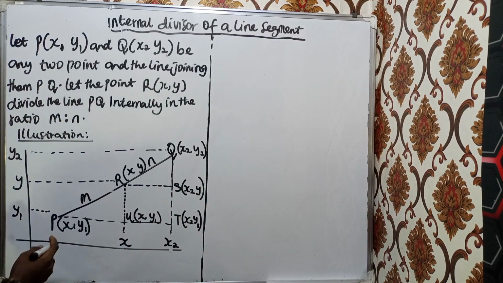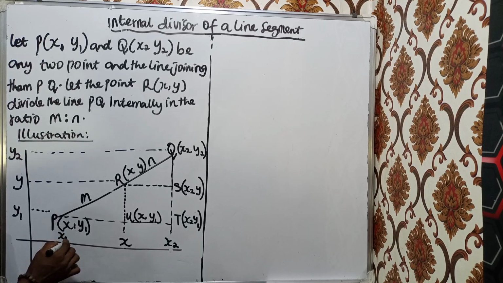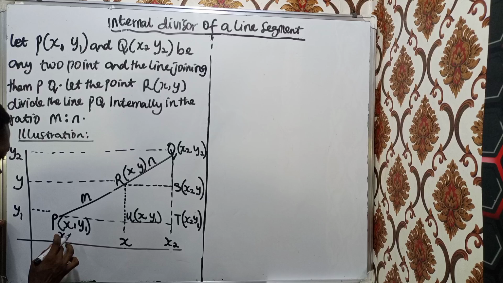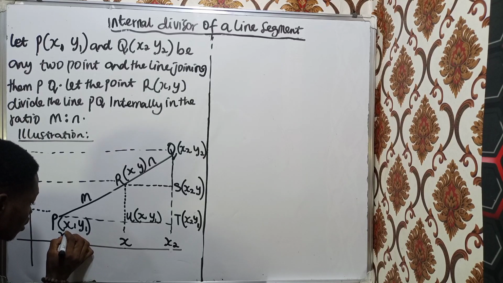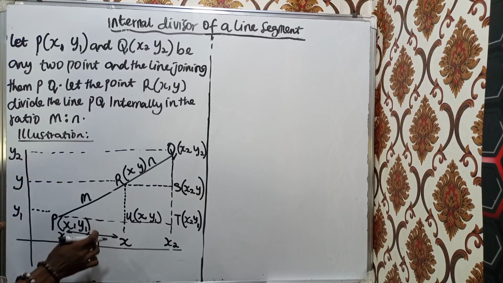So I don't think there's any other thing I'm missing. So here will be x1, right? So this whole place will now be x minus x1 if you want to get here.